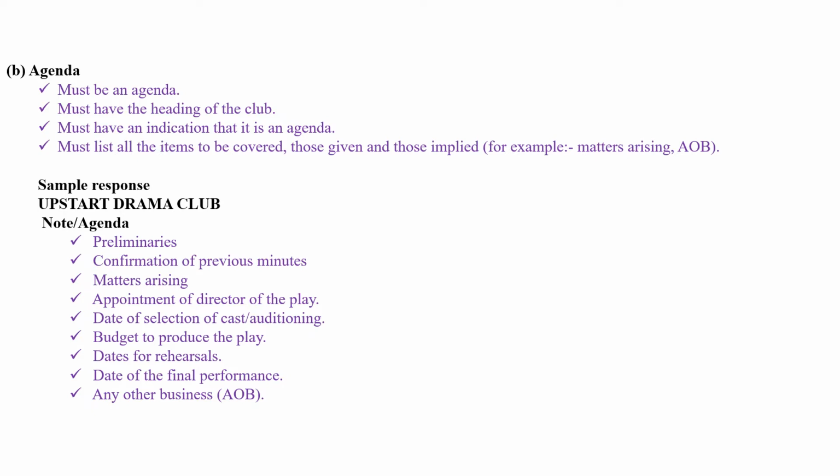And then the agenda: we have the preliminaries, confirmation of previous minutes, matters arising, appointment of a director of the play, date of selection of cast or auditioning, budget to produce the play, dates for the rehearsals, dates of the final performance, and any other business, that is the AOBs. Good students, this is suggested and implied in your prompt because you cannot be talking about the budget to produce the play if they didn't ask that to be part and parcel of your response.